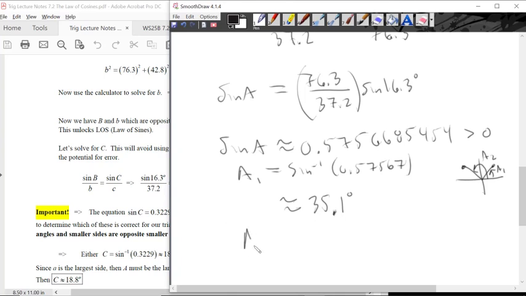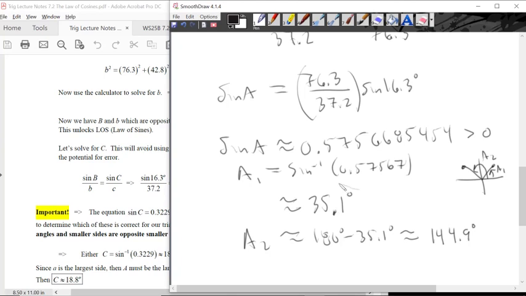So that's A1. Now A2 would be approximately 180 degrees minus 35.1 degrees. That would put us in quadrant 2. Okay, and that is what, 144.9 degrees. Okay, right, 144.9 degrees.